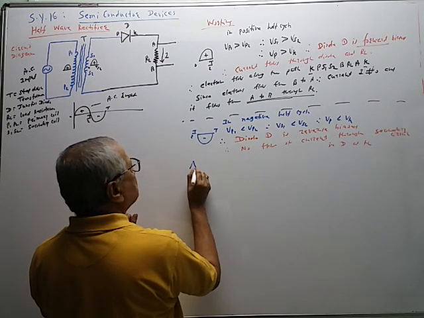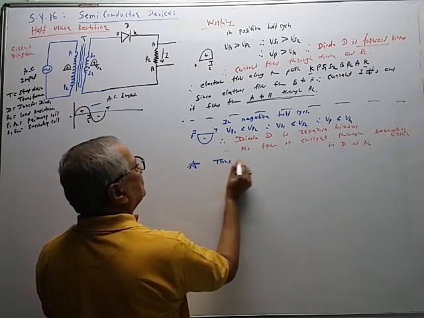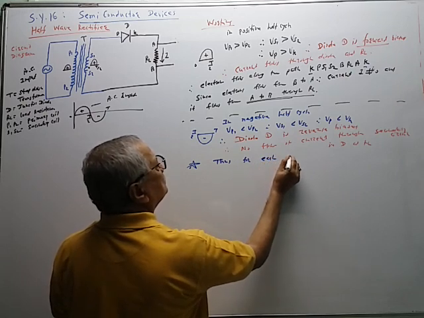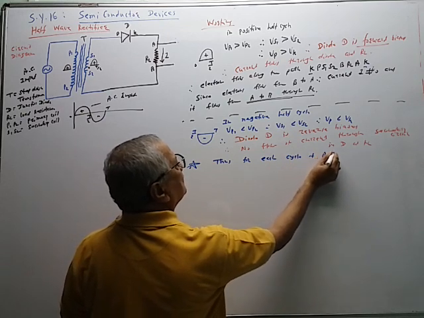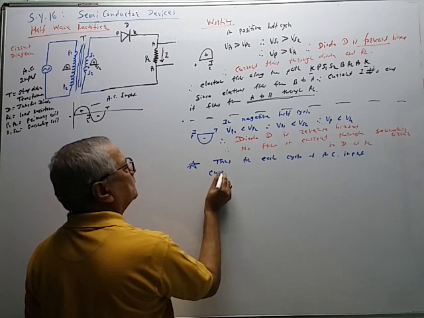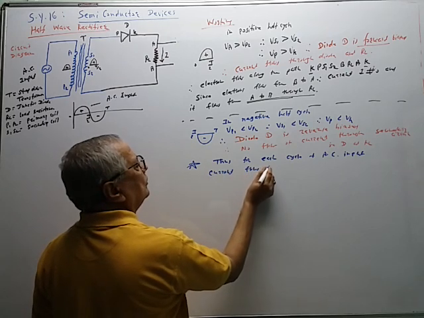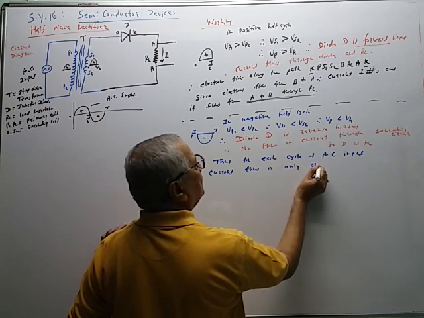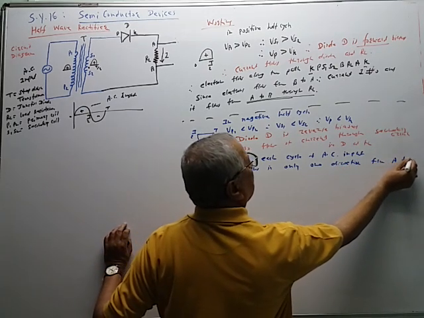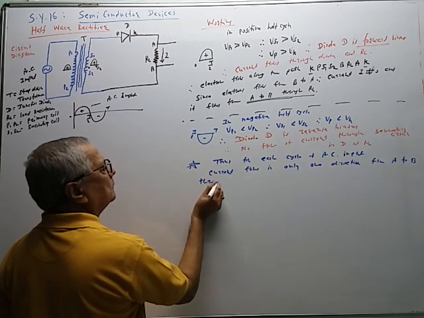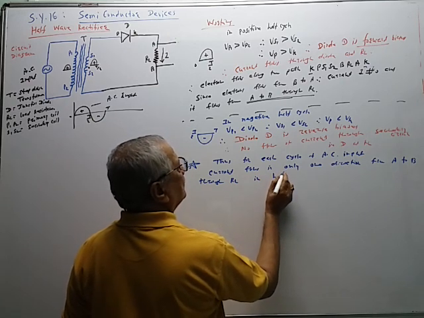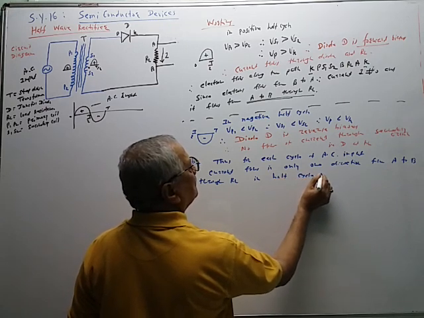Thus the conclusion is this. Thus for each cycle of AC input, current flows in only one direction from A to B through RL in half cycle of AC.